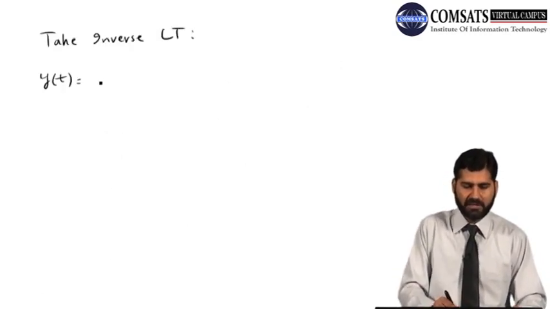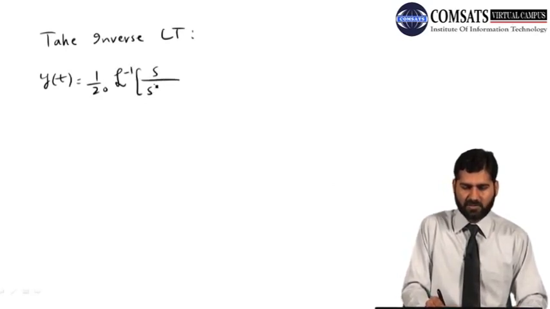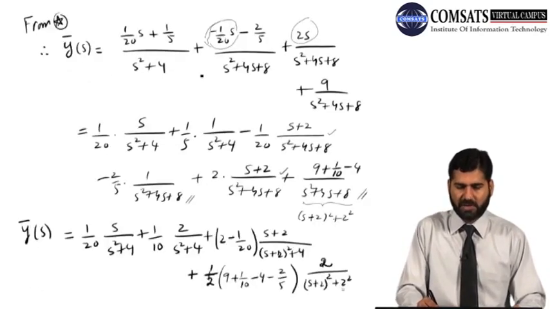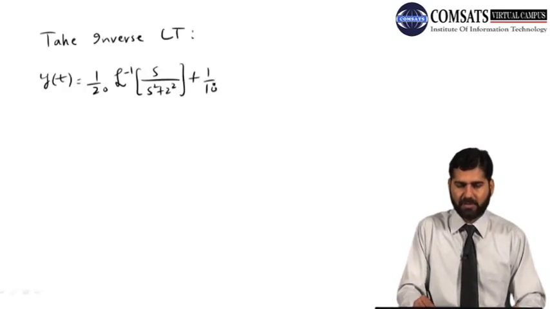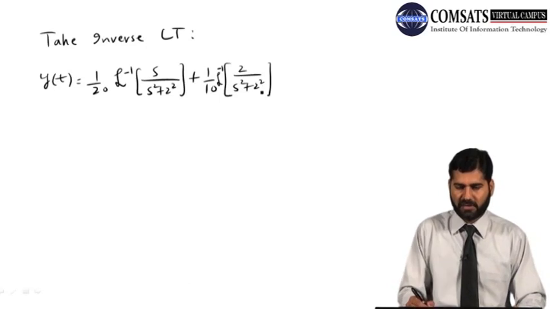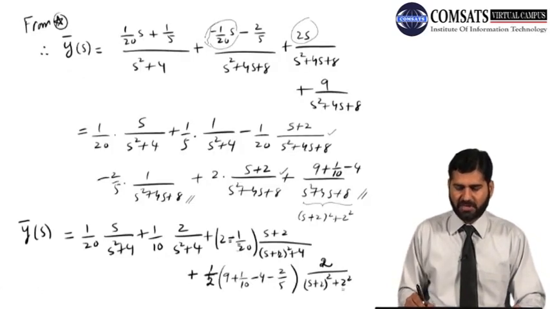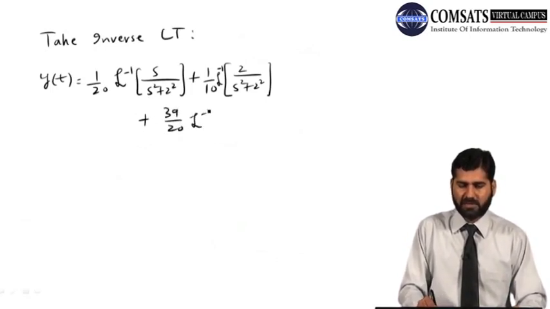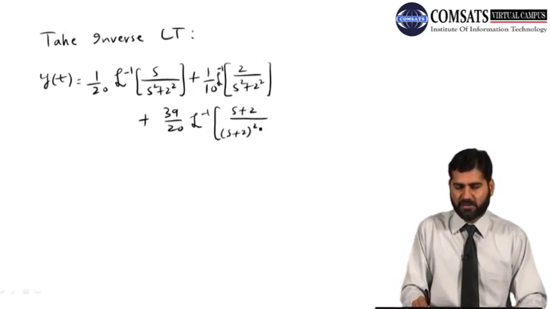1 over 20 Laplace inverse of S over S square plus 2 square, and then plus 1 over 10 Laplace inverse of 2 by S square plus 2 square. All right, and then 2 minus 1 by 20 is 40 minus 39 by 20, Laplace inverse of S plus 2 over S plus 2 square plus 2 square.